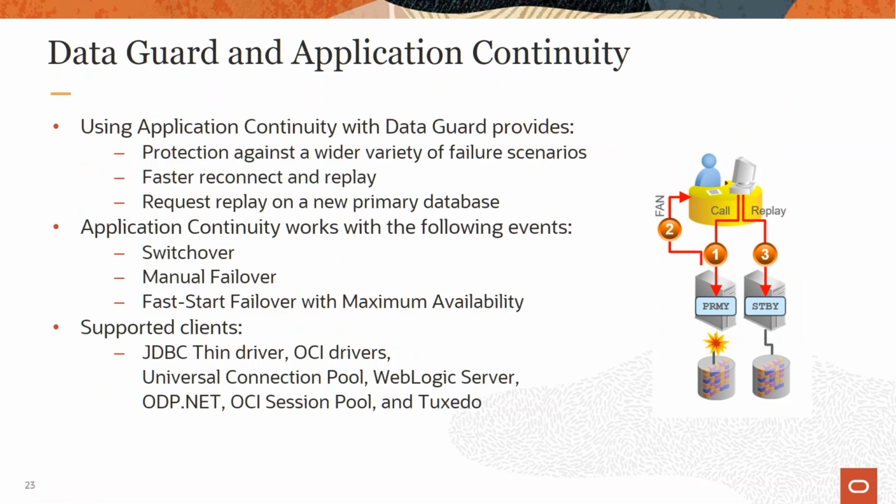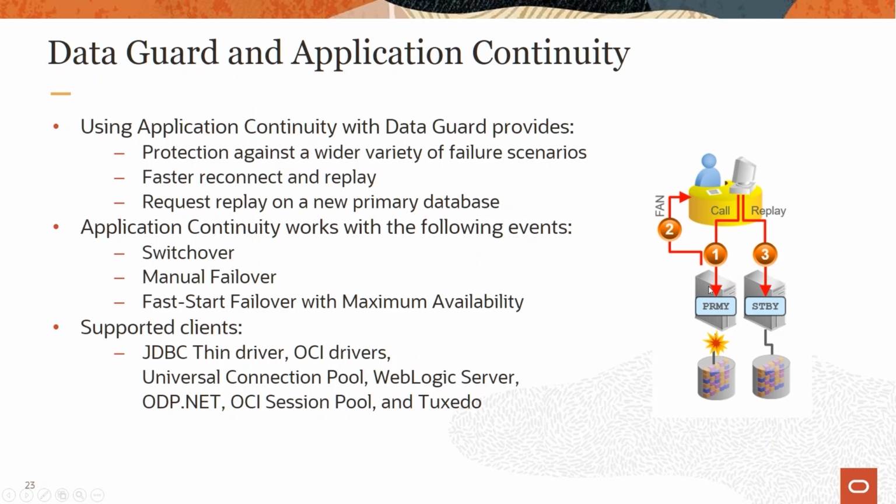I have an application and client that connects to the primary database. So I issue the insert, update, delete, okay? And then I even issue the commit statement. Now, my database performed the operation, but it doesn't return the result of my transaction if there is any instance crash or communication problem.